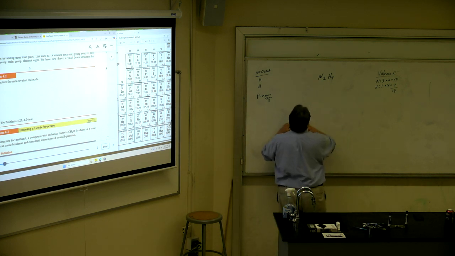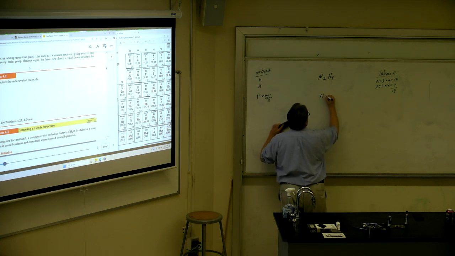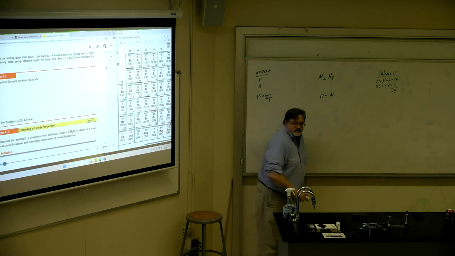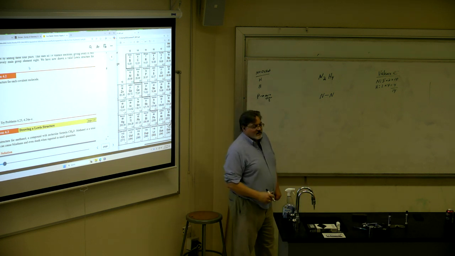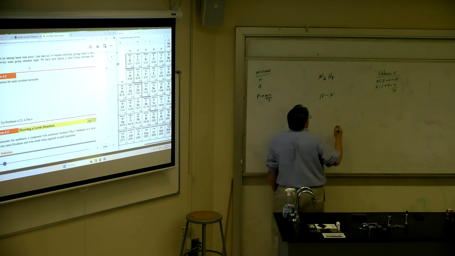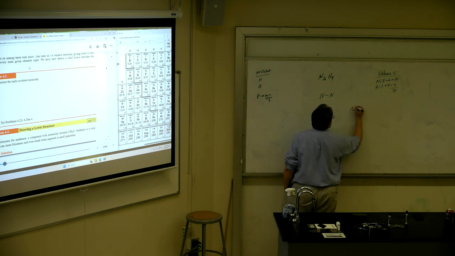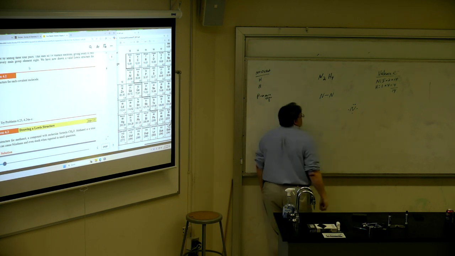So you kind of have to reason your way sometimes. It also means the nitrogens have to be attached to each other. See what I mean? In nitrogen, that's the Lewis structure for nitrogen.